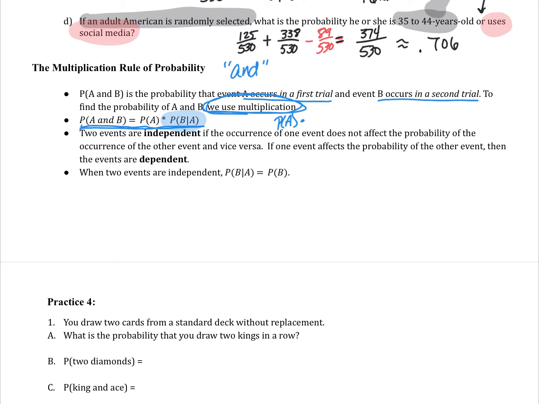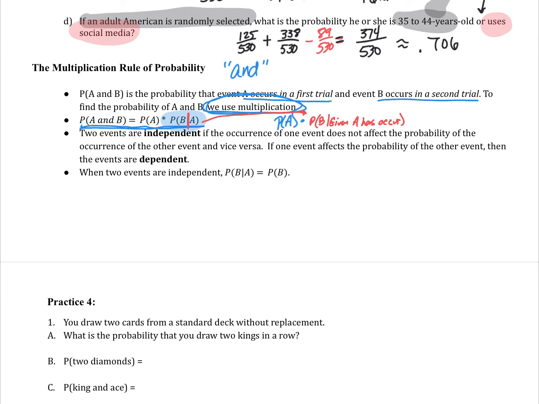This statement here says the probability of B, and whenever you see that nice solid line going down between the B and the A, that's saying given that A has already occurred. So that's a much abbreviated way of saying that. That line means given that A has already occurred. But we don't have to write all of that out. We just need to understand that that's what it's saying.